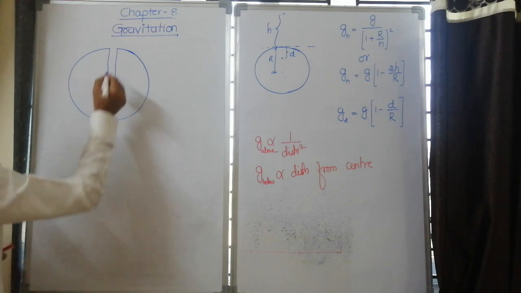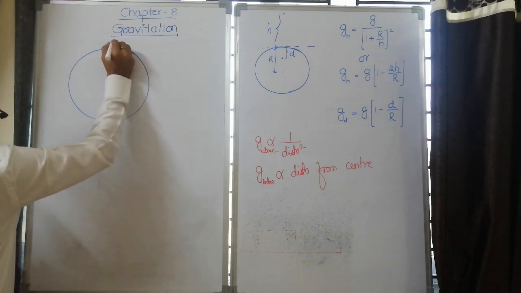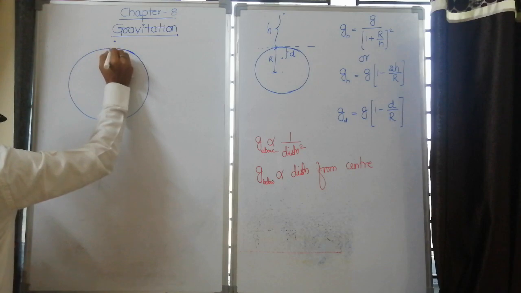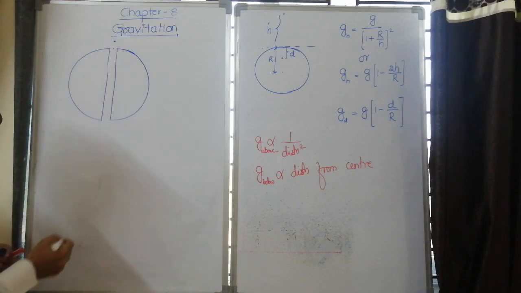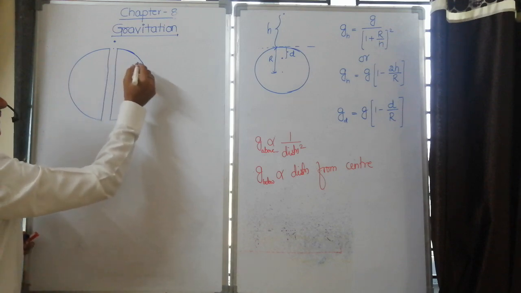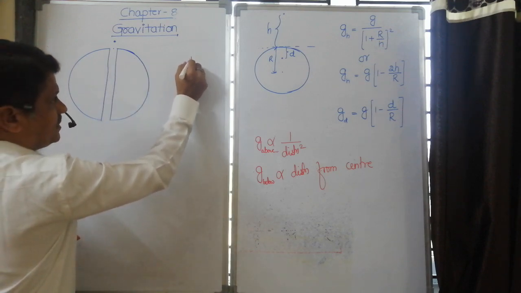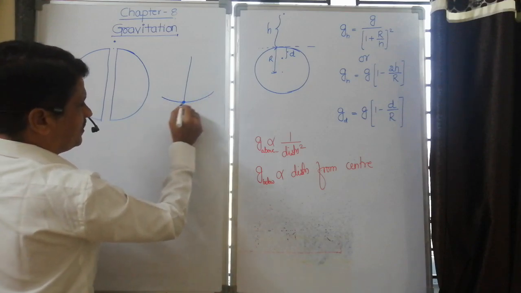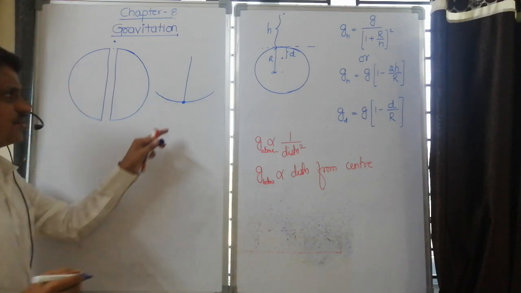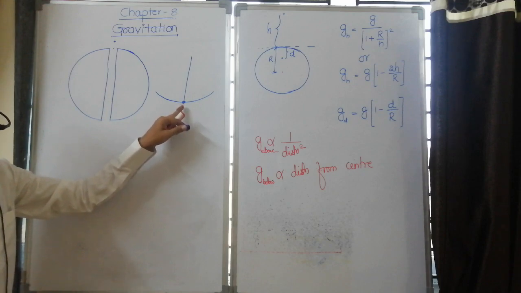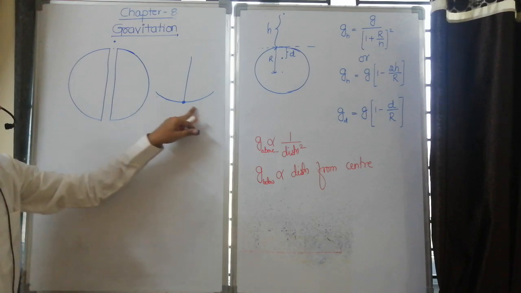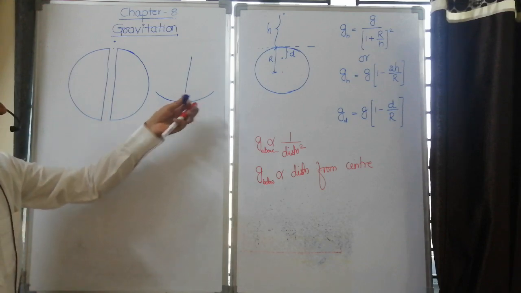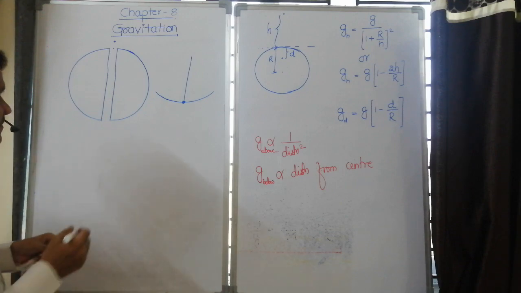From here, when we drop a body, wherever, what happens is the question. Then as we know, this situation is similar to the situation of the pendulum. Here, the acceleration of the body executing SHM is directly proportional to the distance.